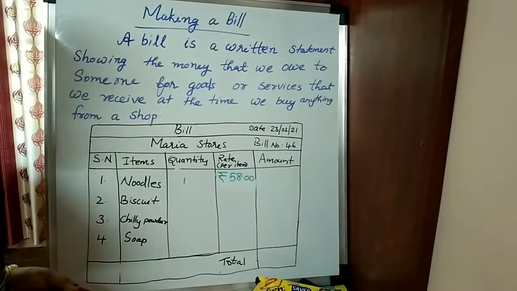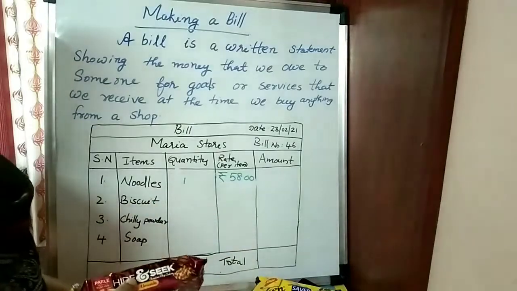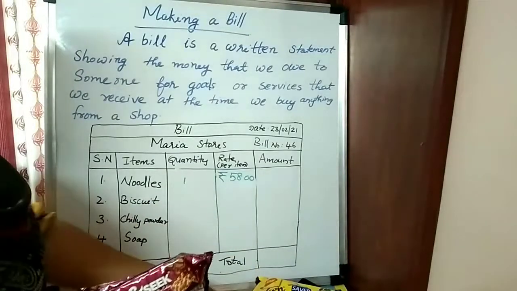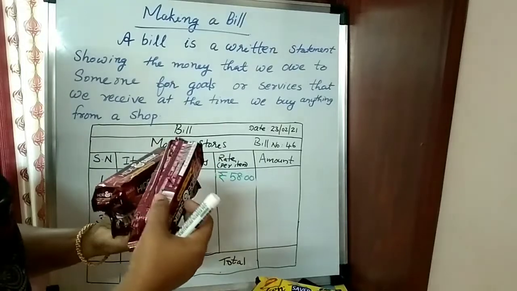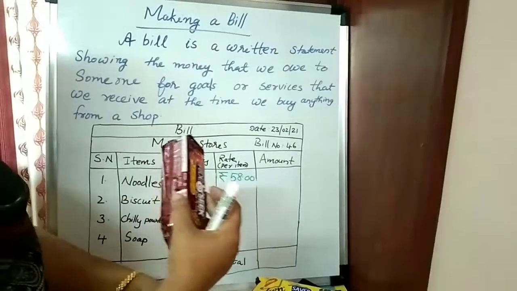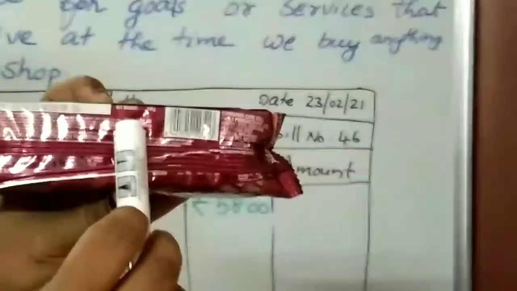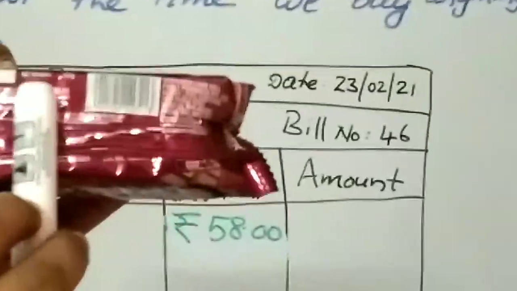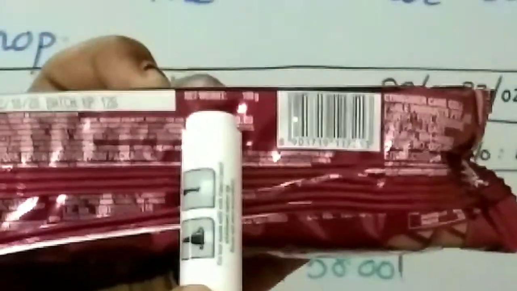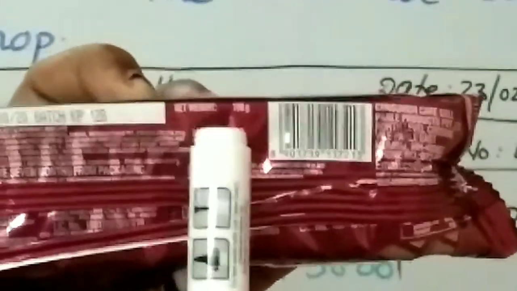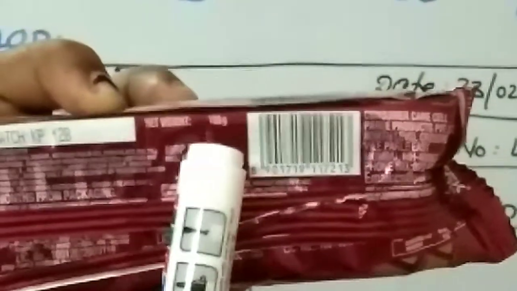Then I have purchased some biscuits, that means 3 packets of biscuits. Then what is the cost of each packet? In that packet there is the letter MRP and a rupee symbol, then 30.00.